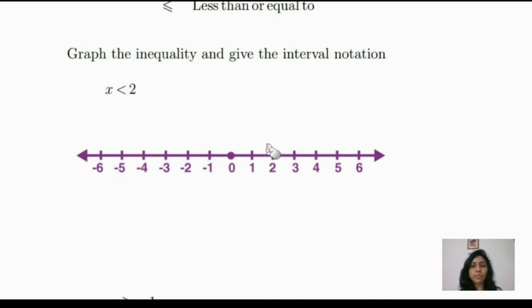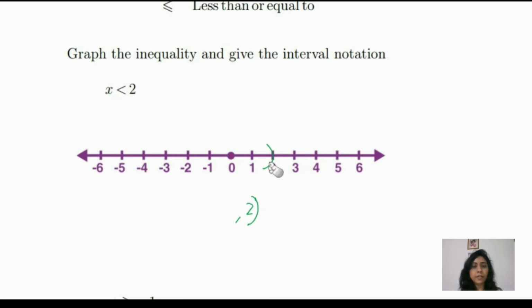For not included we use this curved bracket, the parenthesis, or we can use a hollow circle on the graph. Both are okay. So here 2 is the highest value, but not included, so that's why I use this parenthesis.